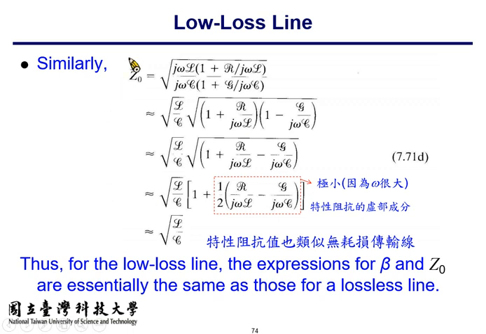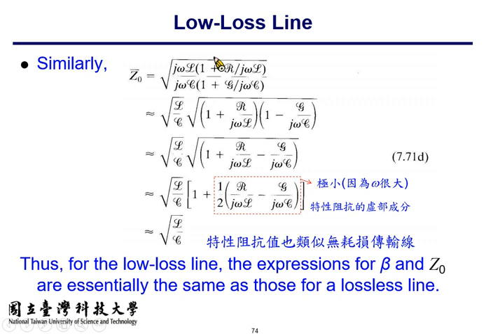So originally, the characteristic impedance is expressed as the square root of R plus J omega L divided by G plus J omega C. So we're taking the J omega L out and J omega C out, so here is 1 plus R over J omega L, and the denominator is 1 plus G over J omega C. And this term can be taken out as square root of L over C, as we have it before for the lossless transmission line.